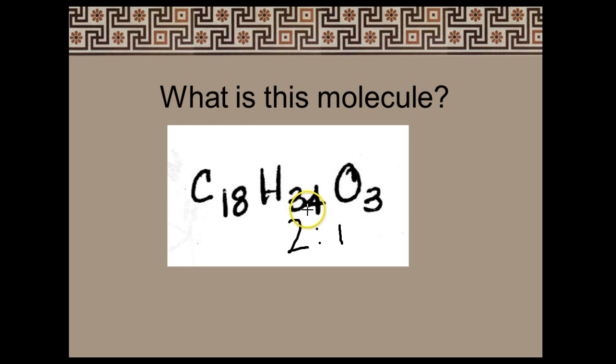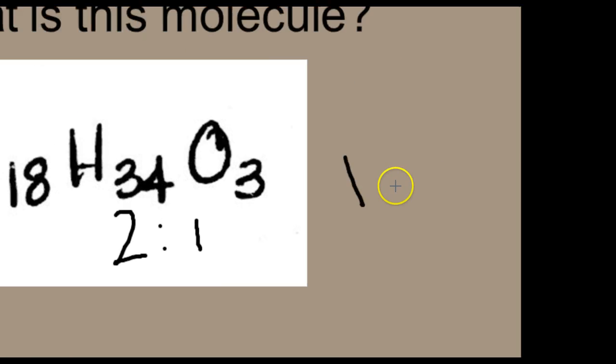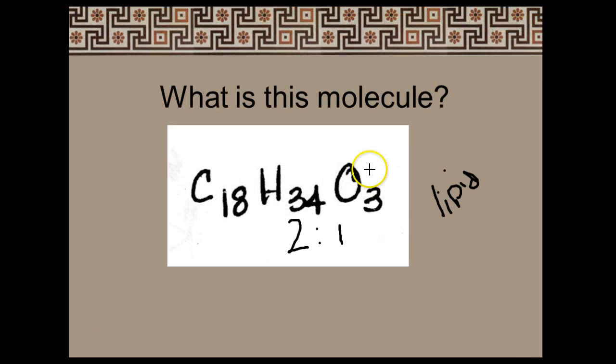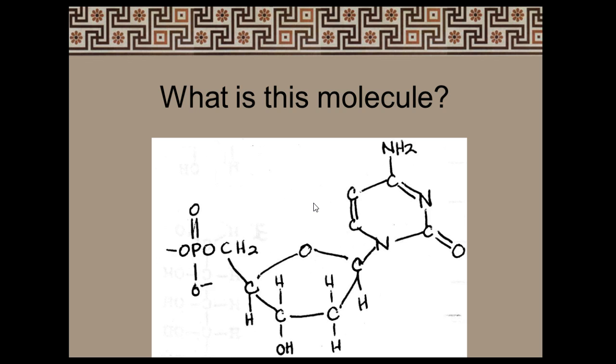If we divide 34 by 2, that would give us 17. Is 17 equal to 3? No. So we know that this is a lipid. And a dead giveaway that this is a lipid is that there is much less oxygen than there is hydrogen.